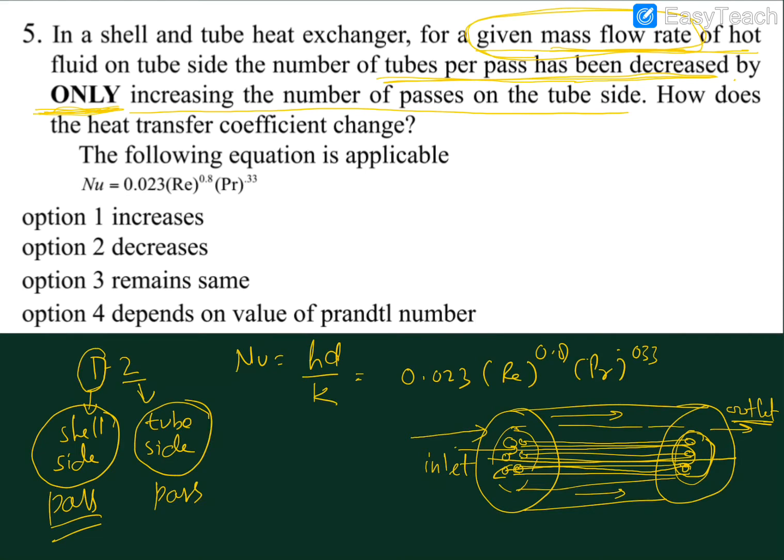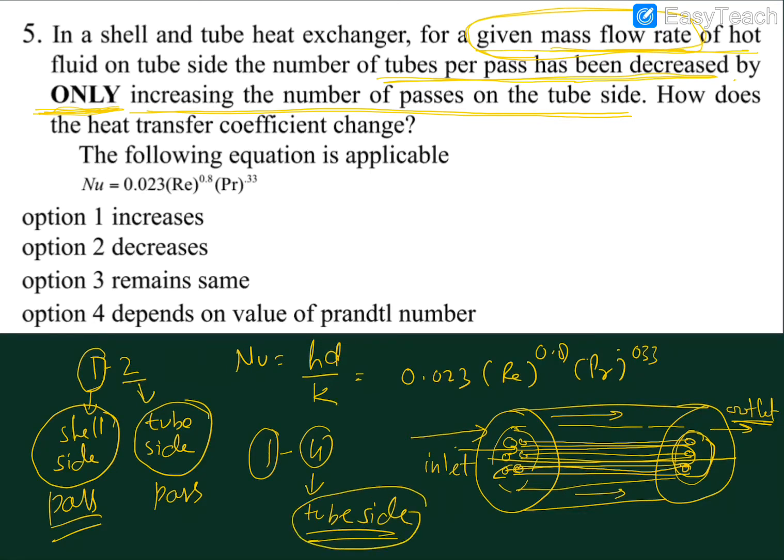If you decrease the number of tubes, obviously you have to increase the number of passes. Suppose now from 2 passes you are taking it to 1 shell side and 4 tube side passes. That means you are decreasing the number of tubes in one pass and increasing the number of passes.